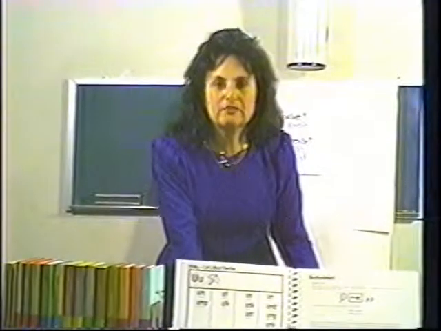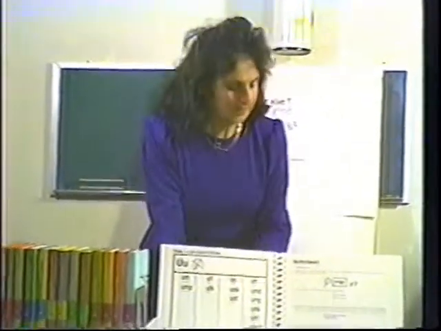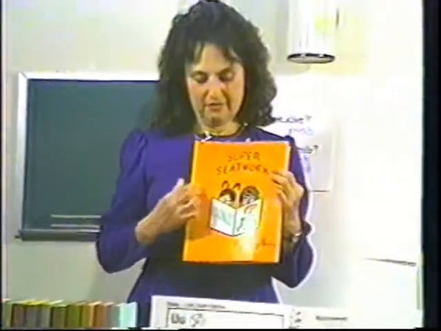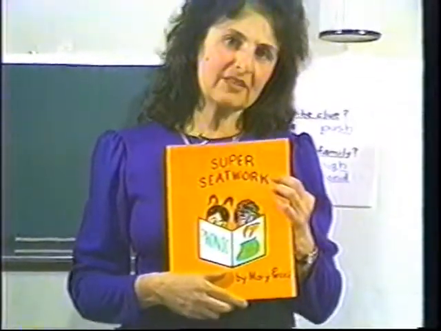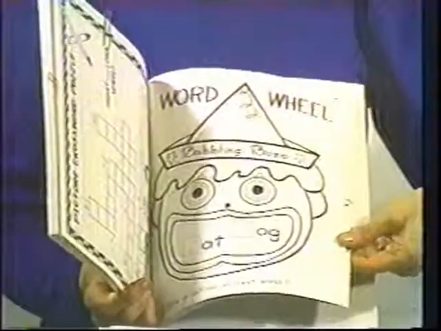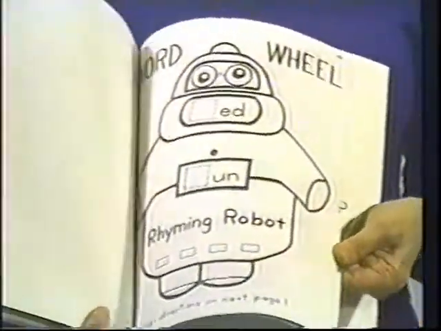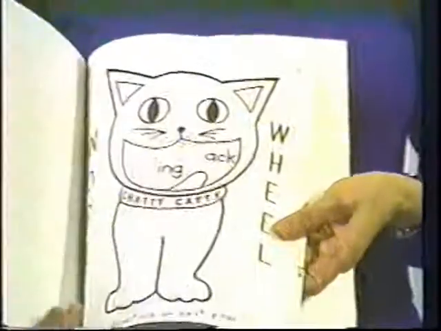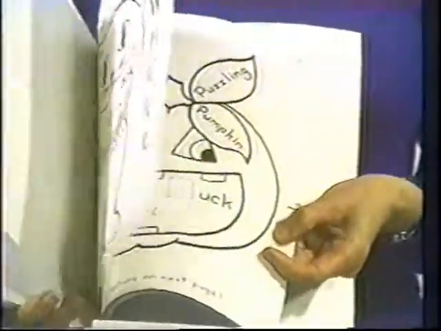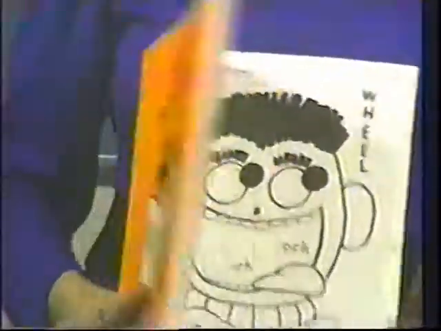This brings us to reinforcement. Several suggestions are given here for reinforcement. Super Seat Work Phonic Grab Bag has 5 word wheels that are very helpful. For example, we have Babbling Bozo, Rhyming Robot, Chatty Catty, Puzzling Pumpkin, and Rock Talk.